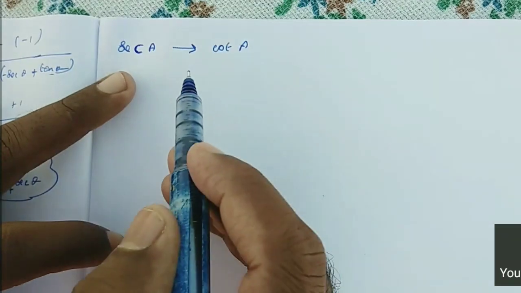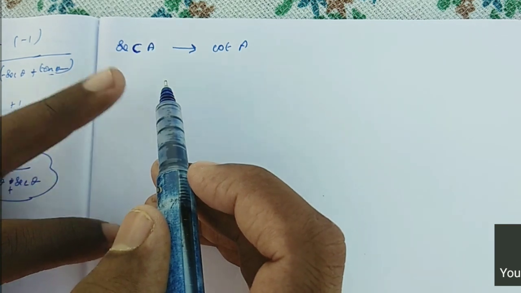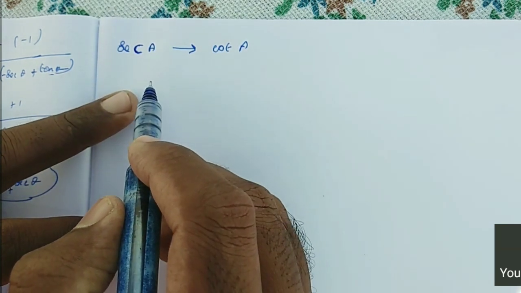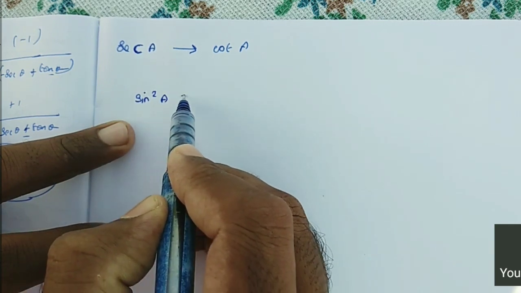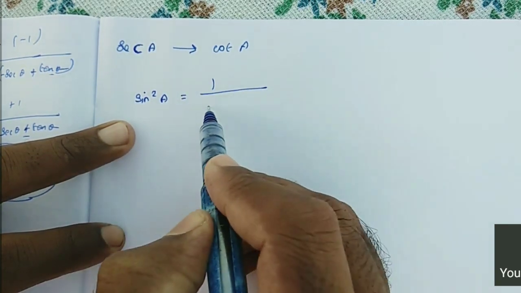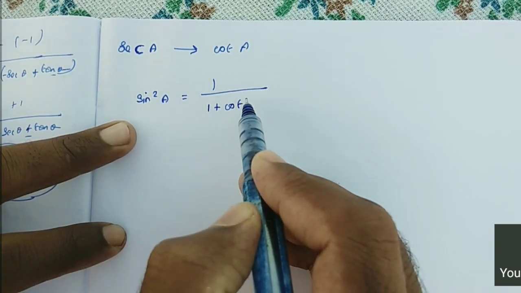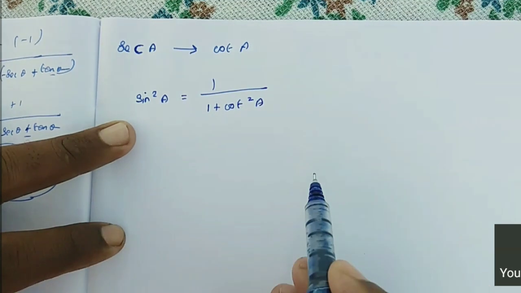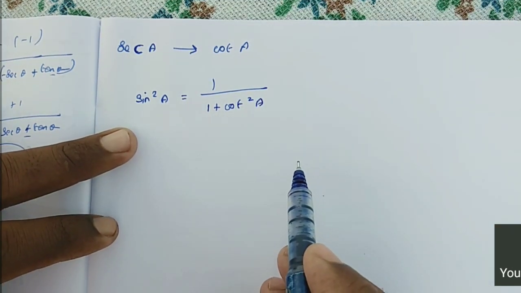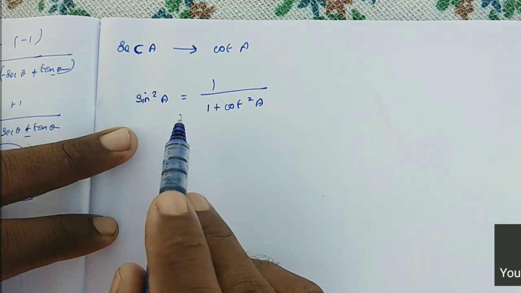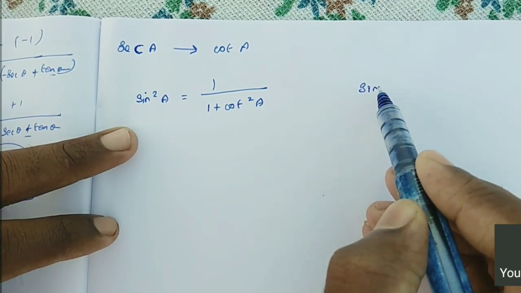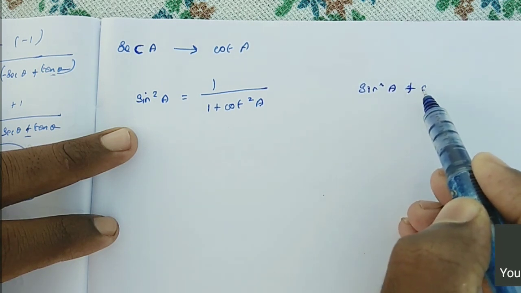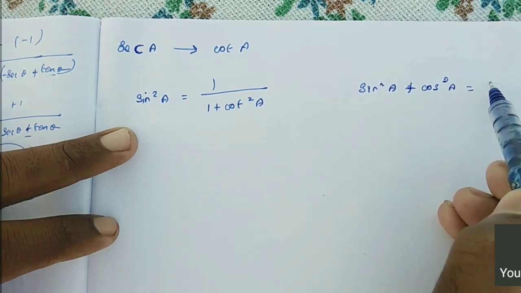Very good. Listen, in the previous problem, we had sin squared A equal to 1 by 1 plus cot squared A, right? Clear? Okay. Now, what are we supposed to do next? We know that sin squared A plus cos squared A equals 1.